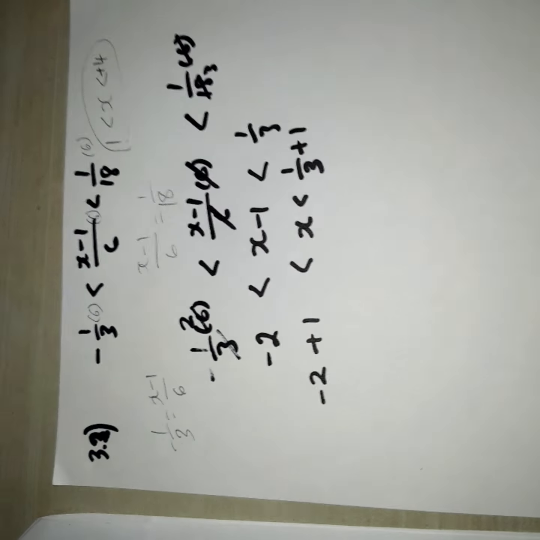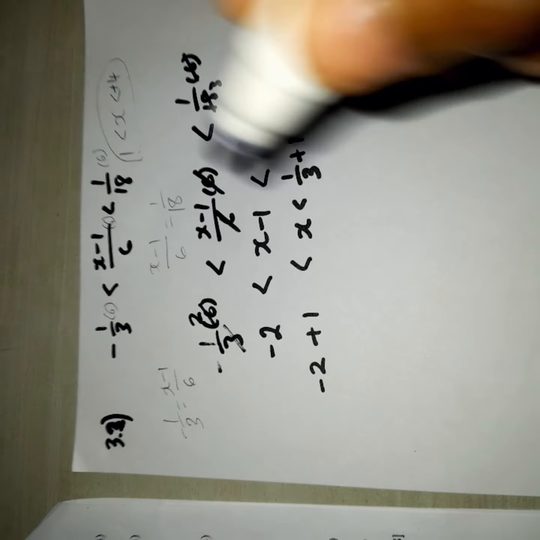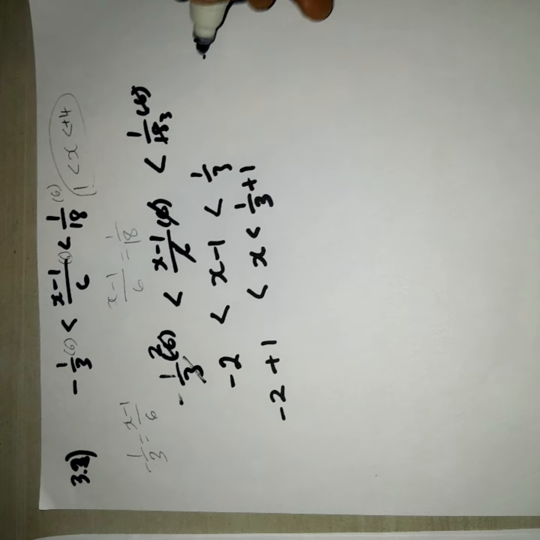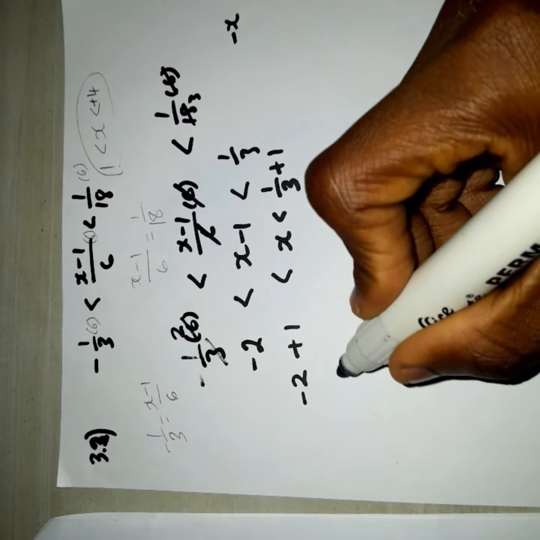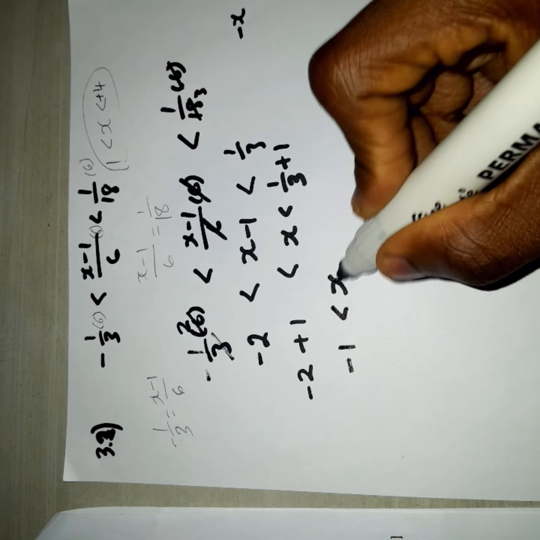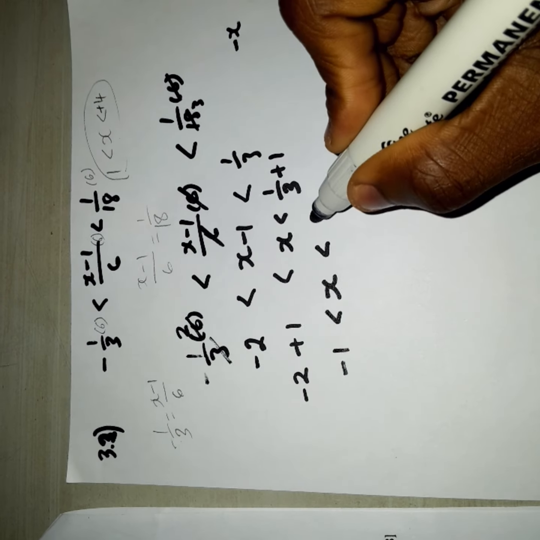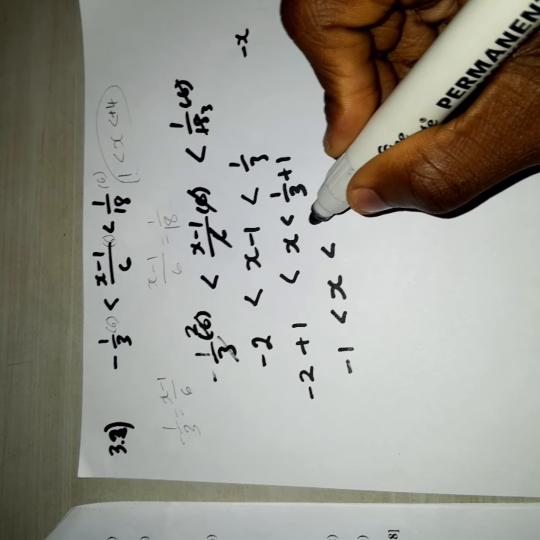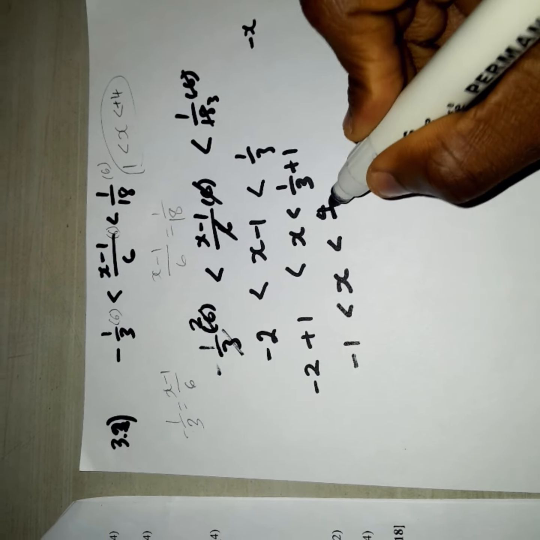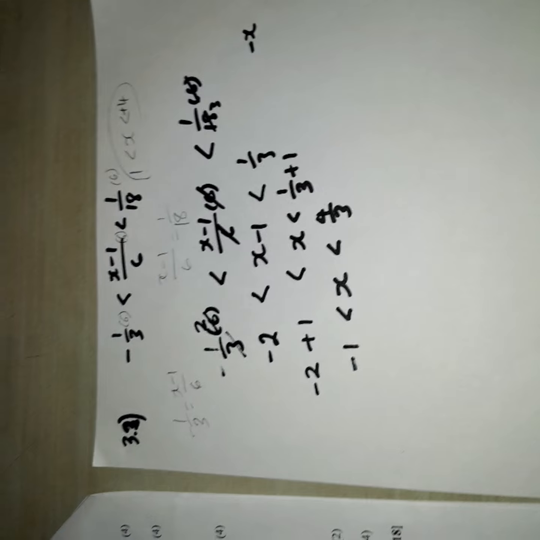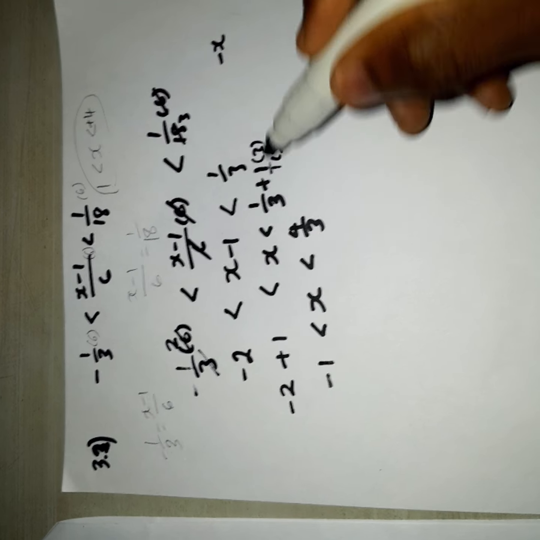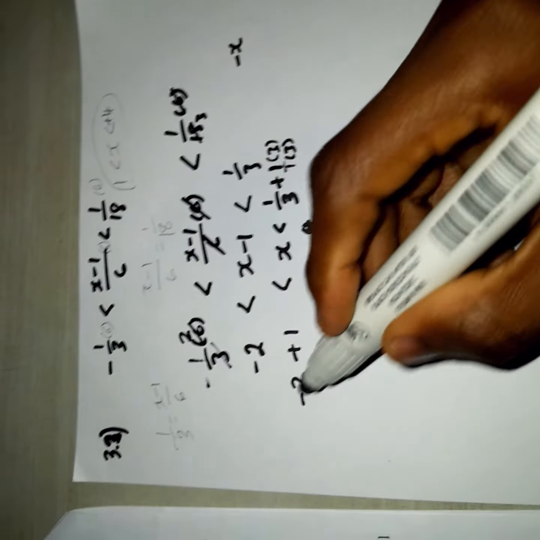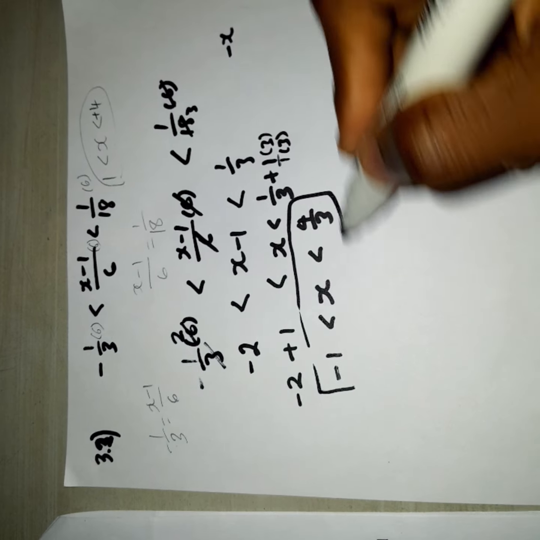So remember that whenever our x would have been negative x, I'm gonna come back to that. It's negative 1 here, it's x, and negative 1, which is 4 over 3. Let me check. Yeah, it's 4 over 3, since this is gonna be 3 and 3, it's 4 over 3. So this is our inequality, this is our answer. It should be in this format.